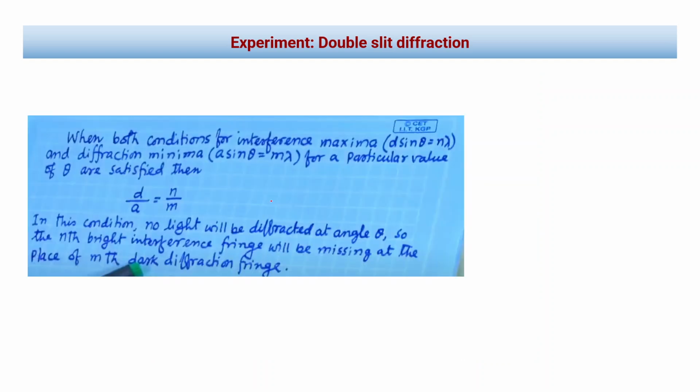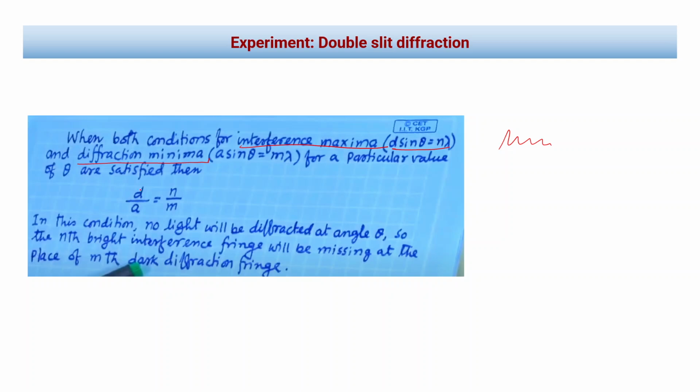When both conditions, interference maxima, which is b sine theta is equal to n lambda, and diffraction minima, are at the same position, then those fringes go missing.